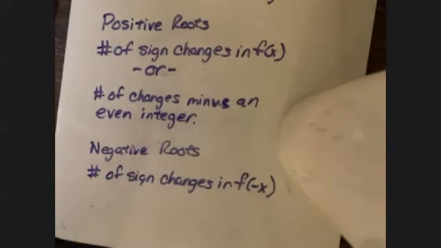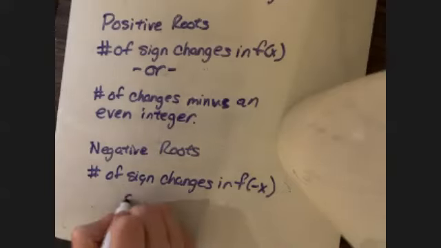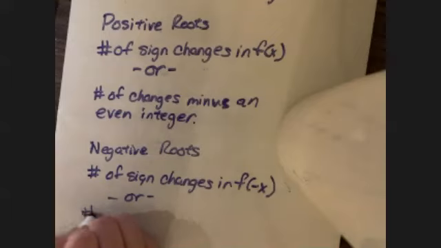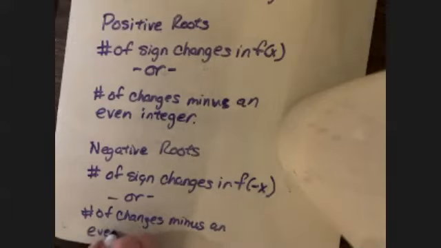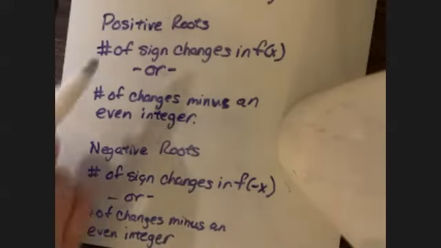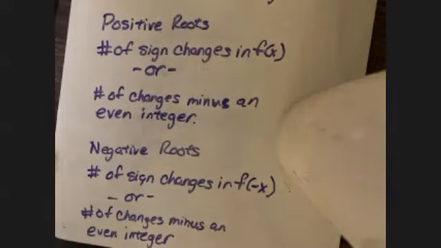So we're going to have to plug in negative x and see what happens, or the number of changes minus an even integer. So the same kind of stuff as above. Again, this looks a whole lot better when you actually see one done in practice.